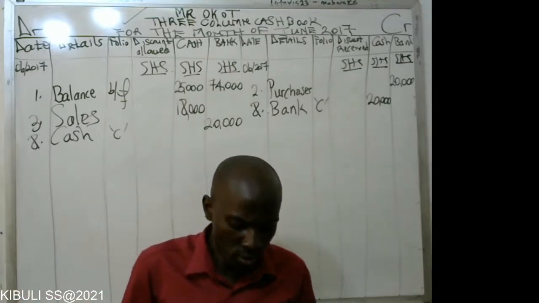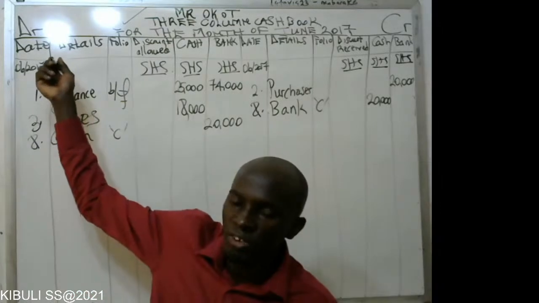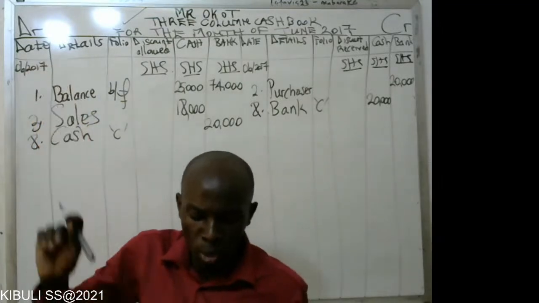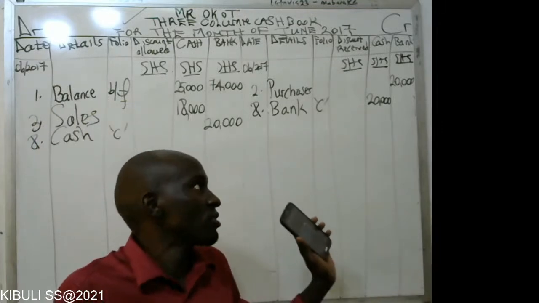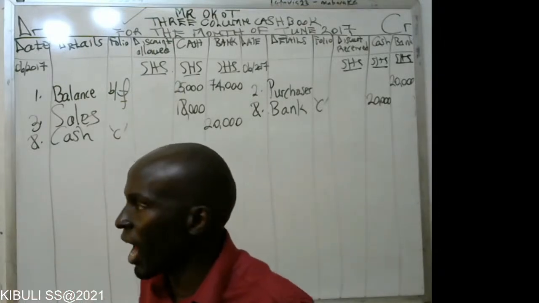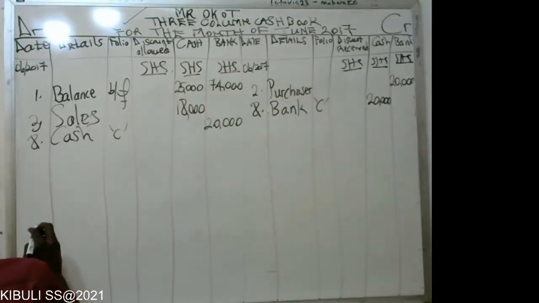Okay? So, because we are receiving, that means it is a discount allowed. Because we are receiving a check, if you are paying out, that's when it becomes a discount received. So this one is a discount allowed.